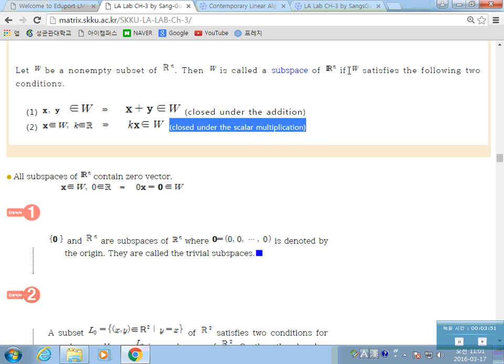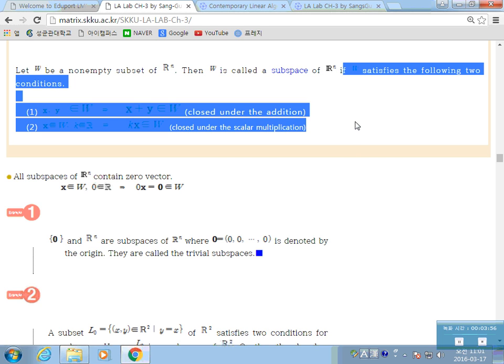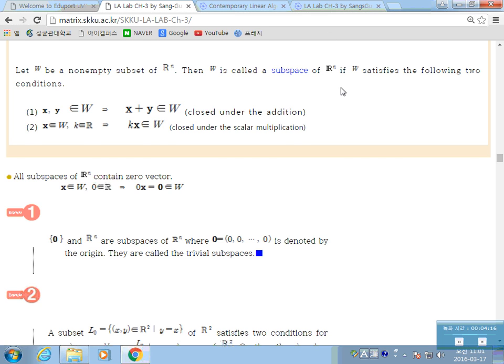So if W is closed under the vector addition and closed under the scalar multiplication, meaning any two vectors from W have their sum in W, and any scalar times any vector in W is still in W, then we call it a subspace of Rn.